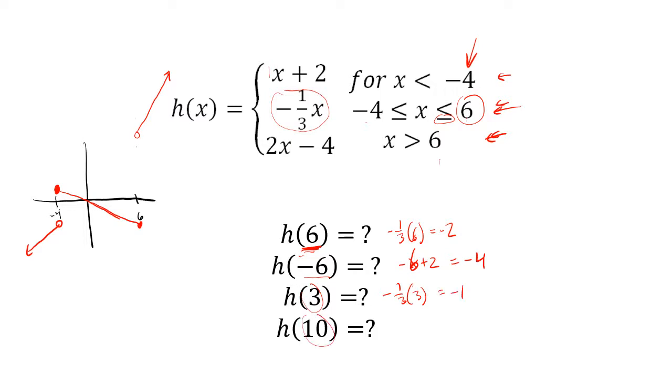And 10 is in the bottom one, so 2 times 10 minus 4 equals 16. So evaluating a piecewise function is not really more complicated than evaluating any function. You just have to look at the domain sections and plug in that way.